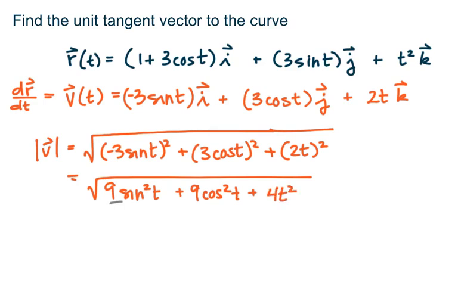Factoring the 9 out of both of these, that leaves me with 9 times sine squared plus cosine squared, which is equal to 1. So I'll simplify this and just write the square root of 9 plus 4t squared. And that represents the magnitude of my velocity vector, which is tangent to my position vector.